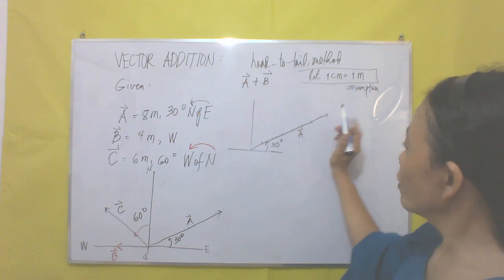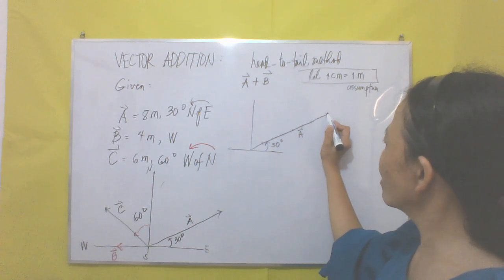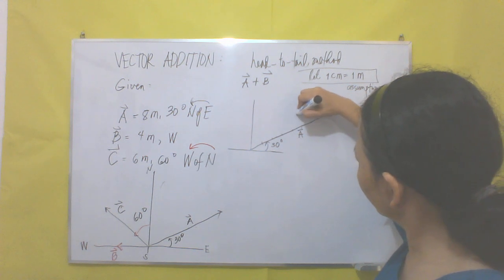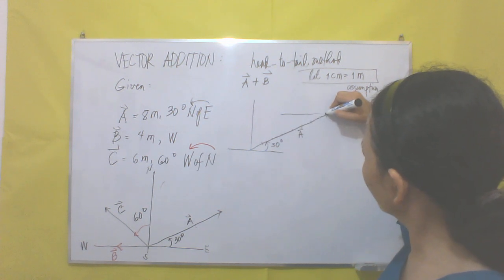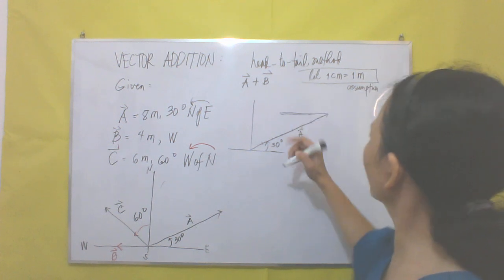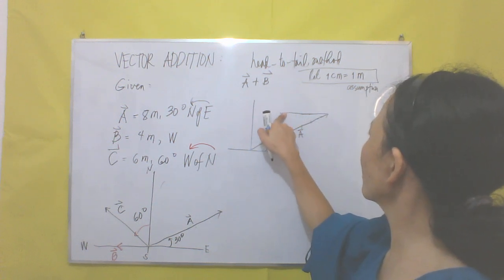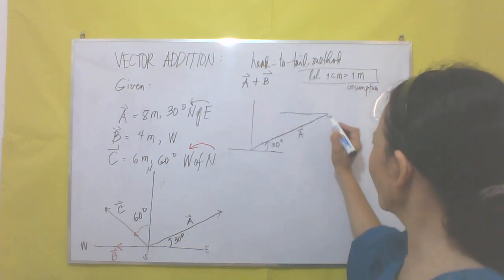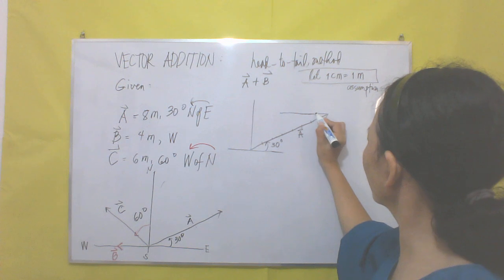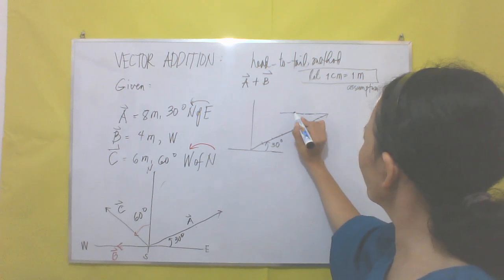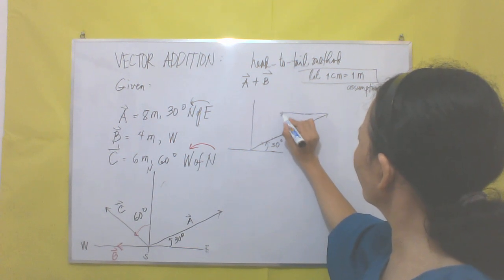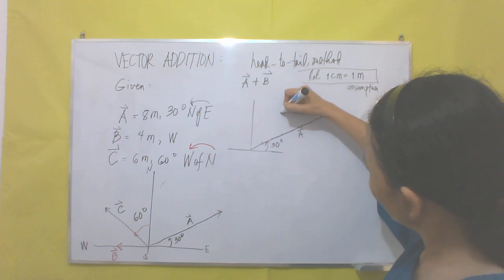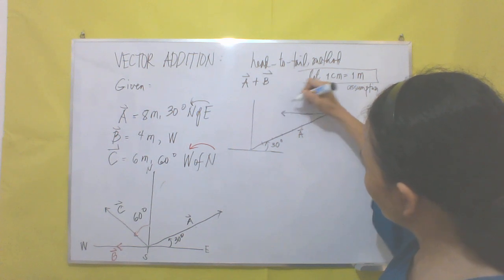Draw a line straight to the left. 4 scales: 1, 2, 3, 4. This is our vector B.